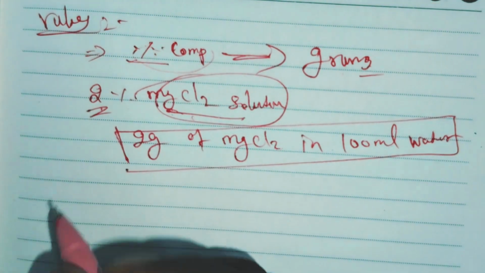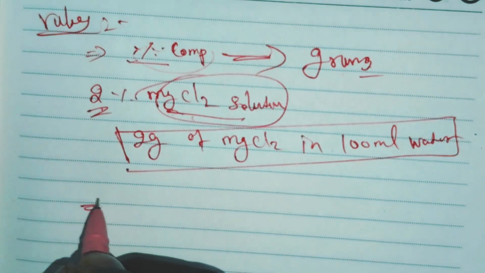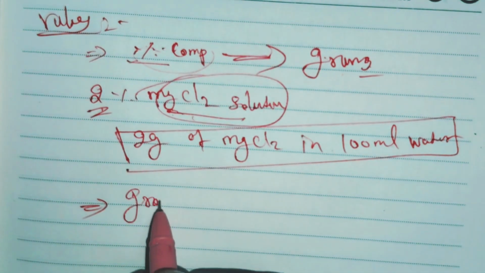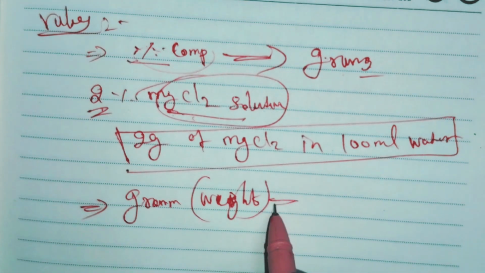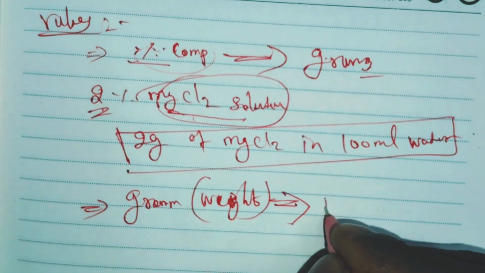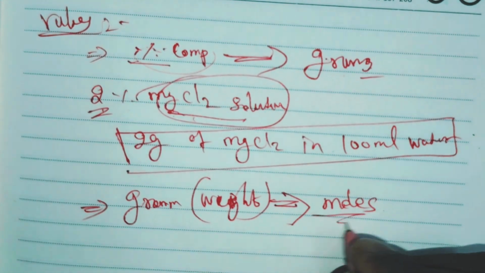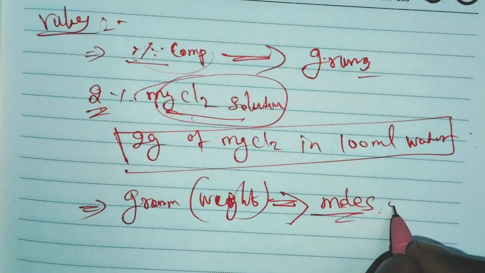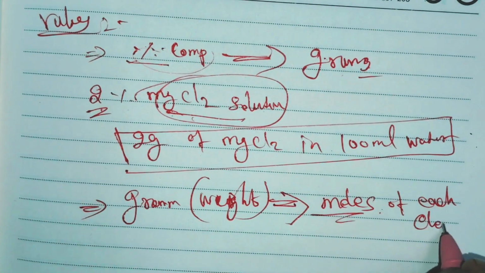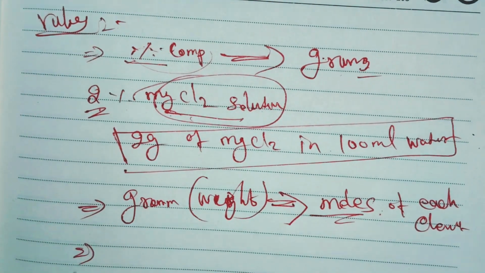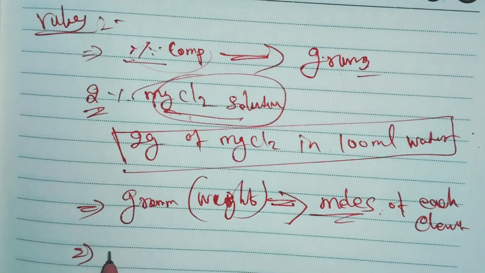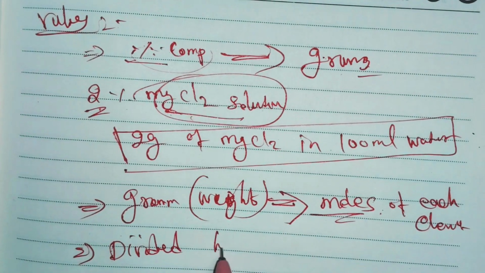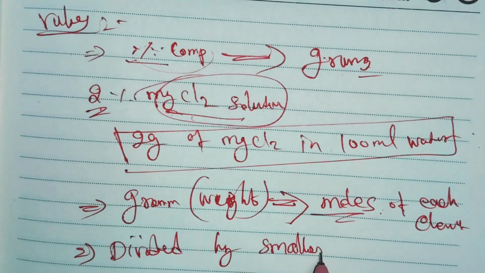Next, from this weight in grams we can find the moles of each element. From that mole value, we divide by the smallest mole value.